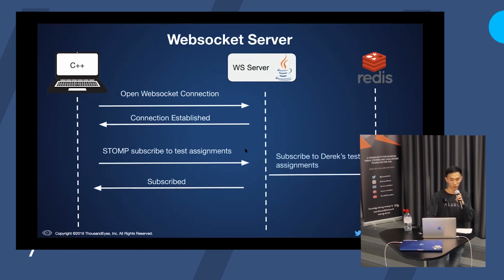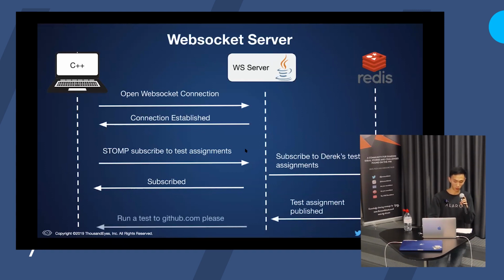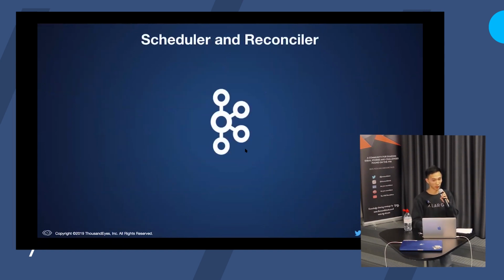When this happens, the WebSocket server will subscribe to Redis. And the topic on Redis is specific to the given agent themselves. So only the agent's test assignments are coming out of this Redis topic. When the publisher pushes an assignment on this Redis topic, the WebSocket server hears about it. And finally, it forwards this message along to the endpoint agent. So this is our architecture with the WebSocket server. But if we put this all together, this is how it looks.